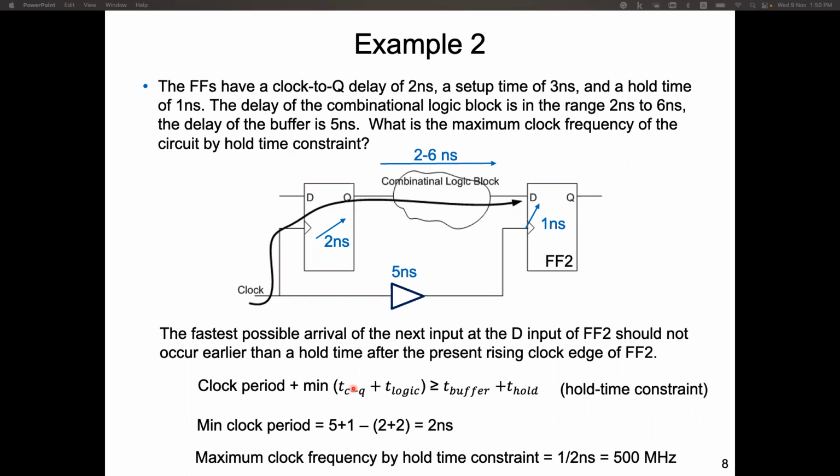This is not hard to understand. You just need to be careful. So we are talking about the second sample possibly arriving too soon at the input of the second flip-flop. If it is too soon, then it will violate the hold time constraint.